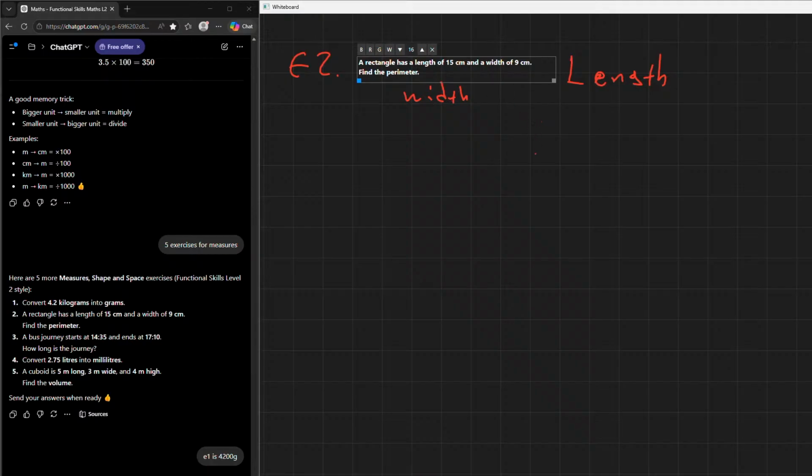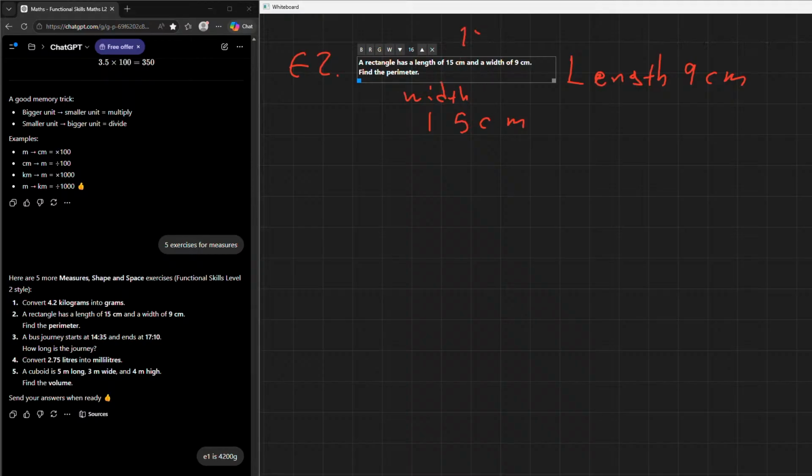Anyways, one side is 15 centimeters and the other side is 9 centimeters. Okay, so we need to find the way around.